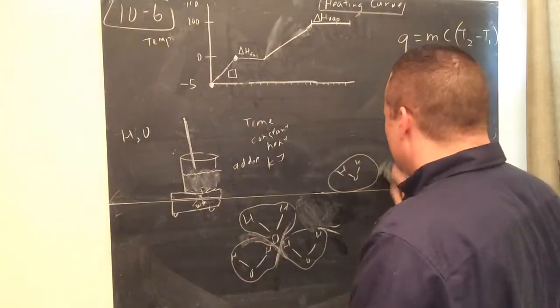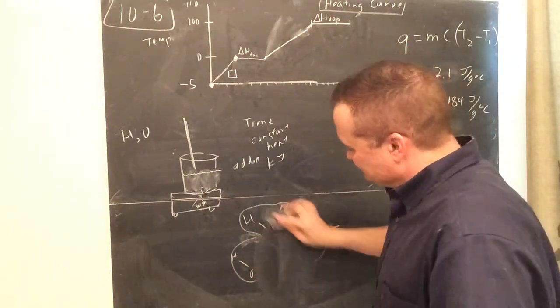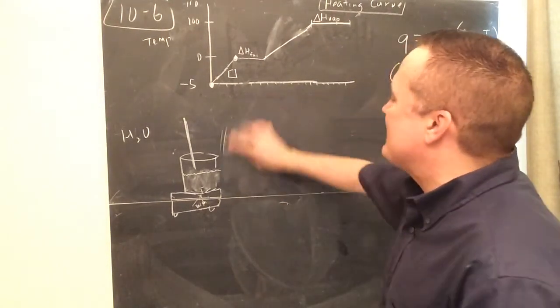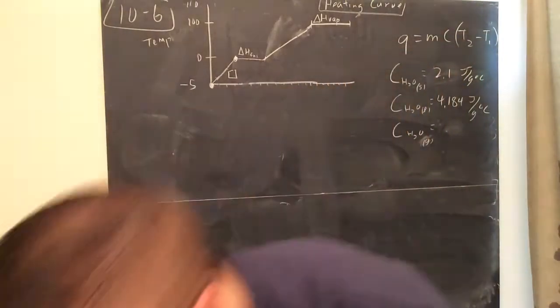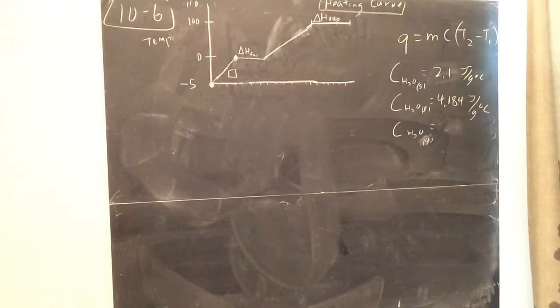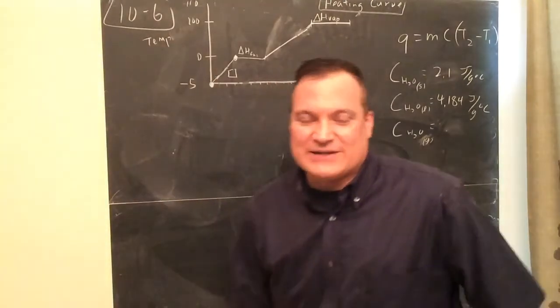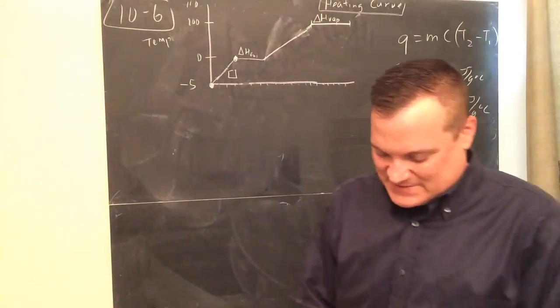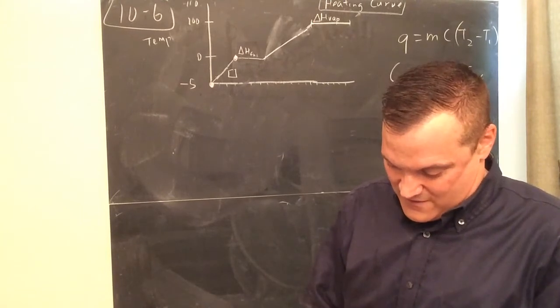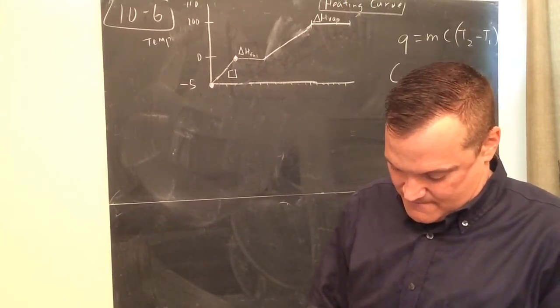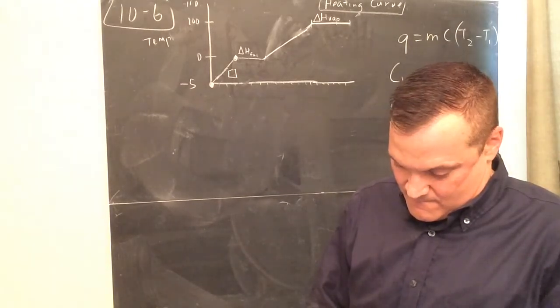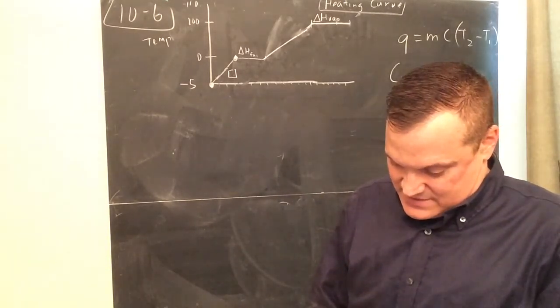All right, so let's go to the math now. Oh, but before I go to the math, I better tell you one more thing. Actually, I might not have drawn my graphs right. In fact, let me look it up right now. What is the specific heat for steam?